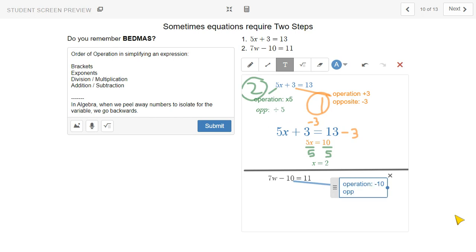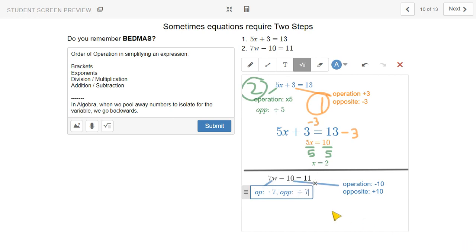The opposite is to add 10. Second, we have 7 as the coefficient. So the operation here is to multiply by 7, and the opposite would be to divide by 7.